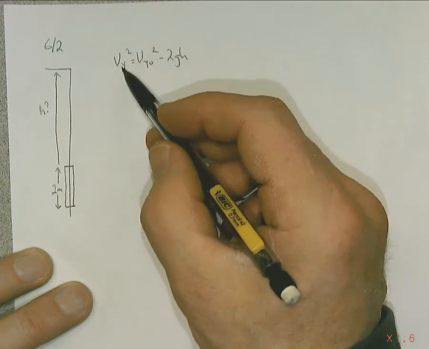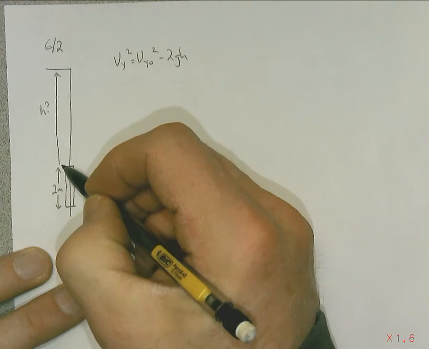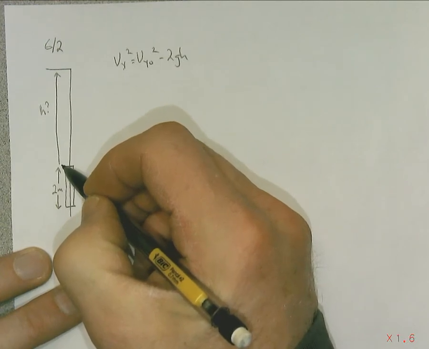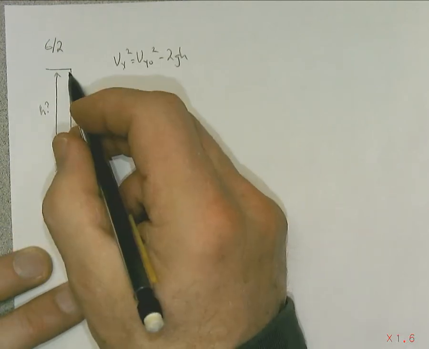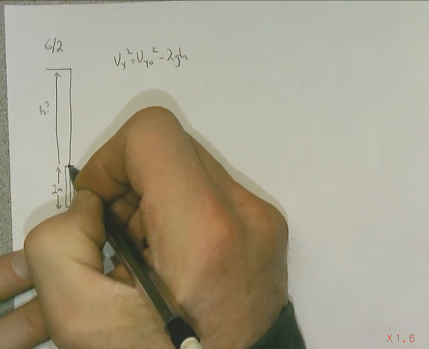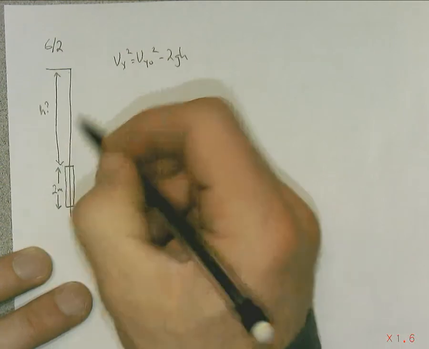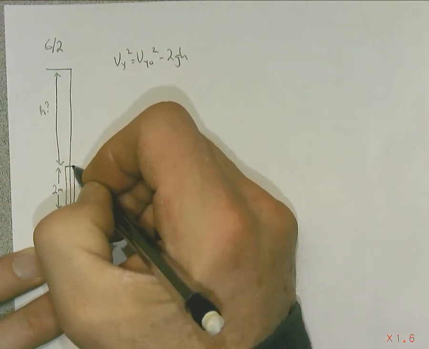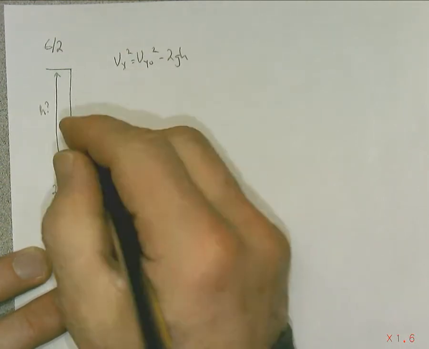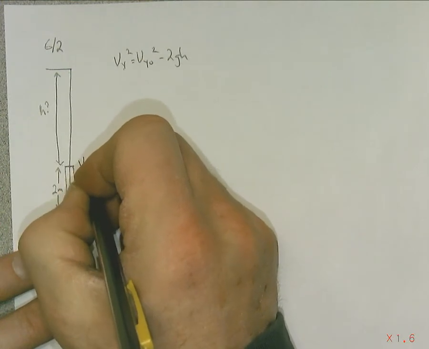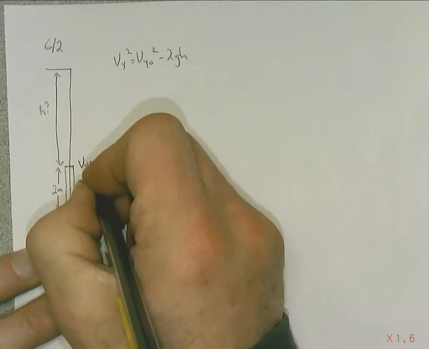Do we have Vy? Vy is the final velocity. Well, the key thing about this is that the final velocity for free falling from here to here is the initial velocity for transiting the window. So I'm going to write that here because that's a really important idea. It's going to make this into 2 problems actually.